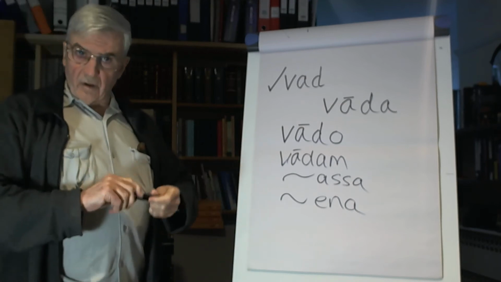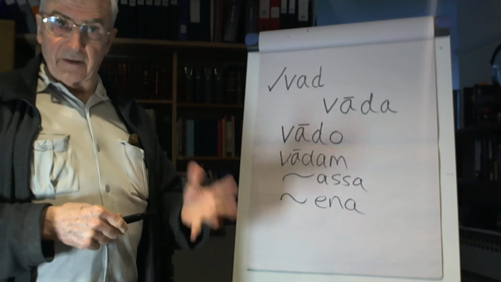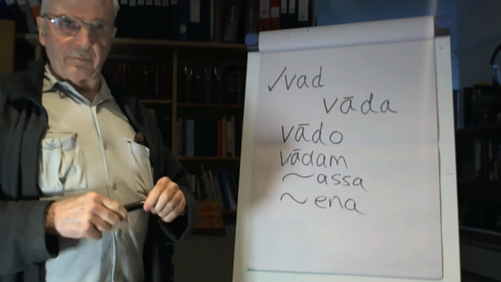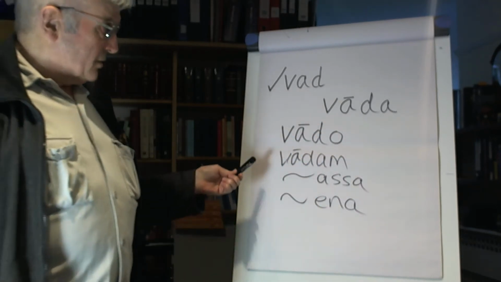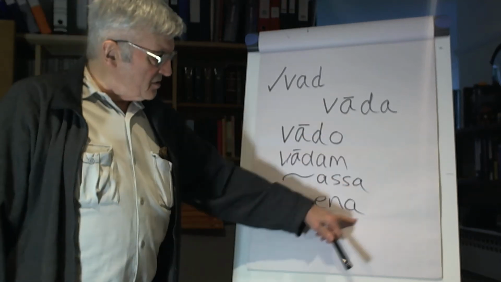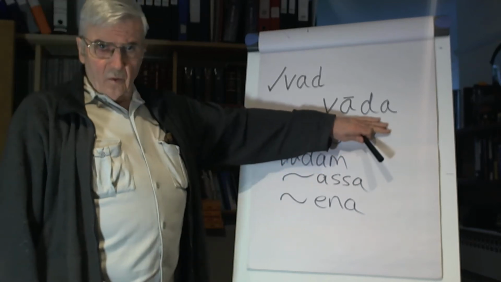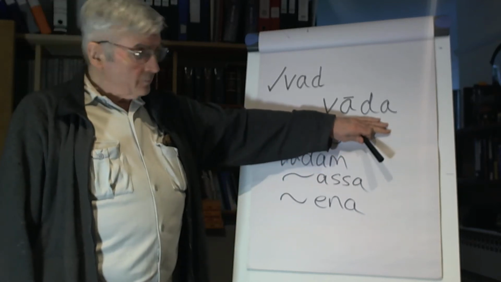And so on. Locative, vade, plural, vada. Genitive plural, vadanam. Locative plural, vadesu. And so on. So these are the declined, the inflected forms, all coming from this stem.